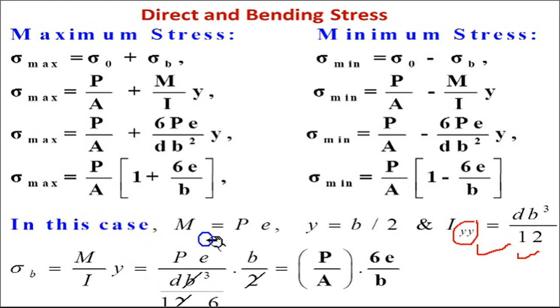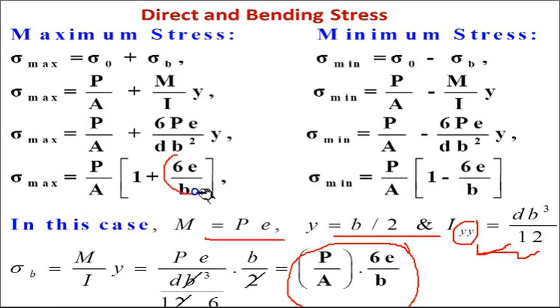So in this case, by putting this My and Iyy in the formula M upon I into y, we will get this particular expression. The same expression I have used here. Okay, 6e upon b, P by A is taken common, 6P upon DB cube by 12 is Iyy, and here y is b by 2, so one b cancels with one b, and b by 2 is y, so the 2 and the DB cube by 12, 12 by 2 becomes 6.